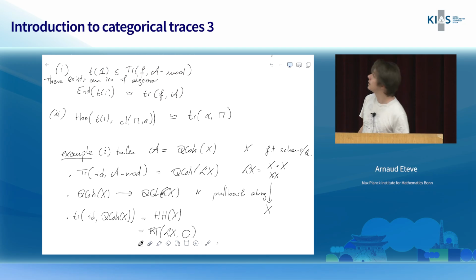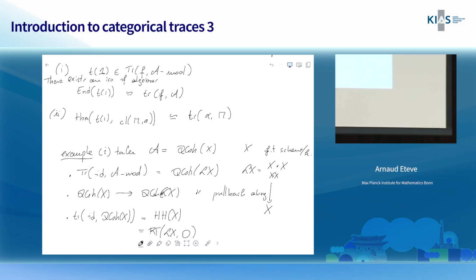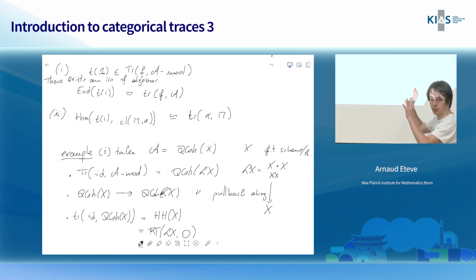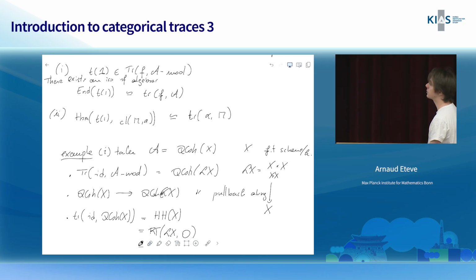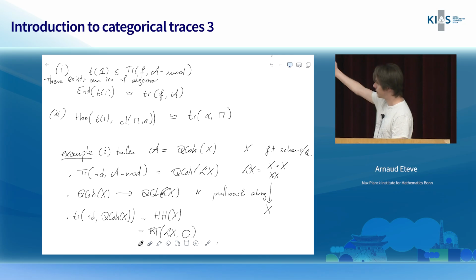So if you take 1 in QCoh, that's the structure sheaf. So you take the structure sheaf here, you pull it back to the loops of X, that's again the structure sheaf on this more complicated object. Its endomorphism is just cohomology. That's what we find here. So at least that works in that example.